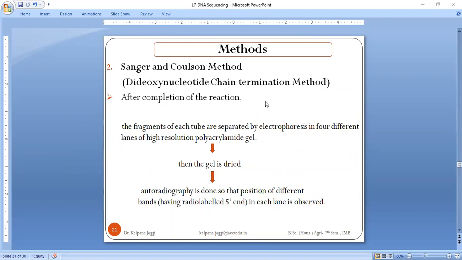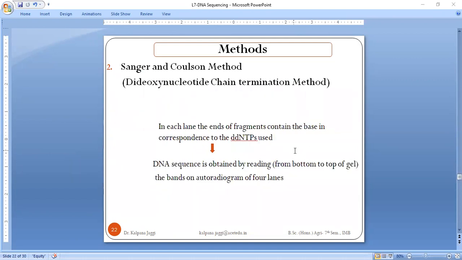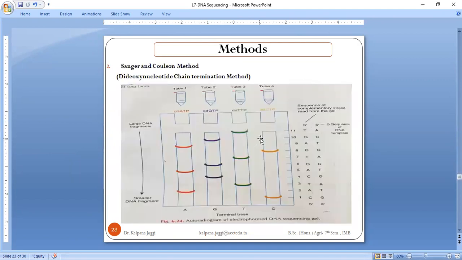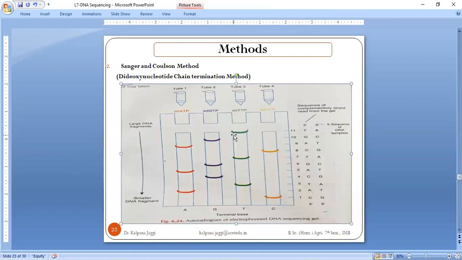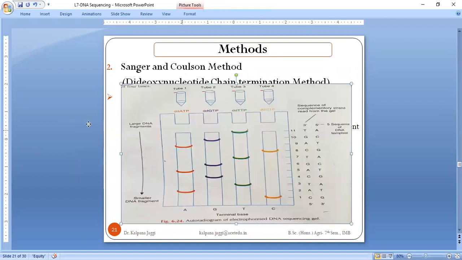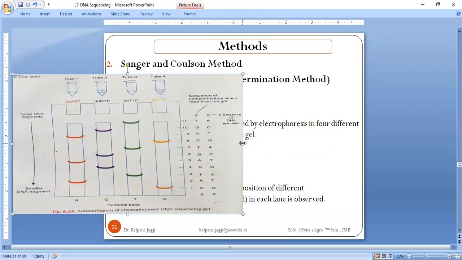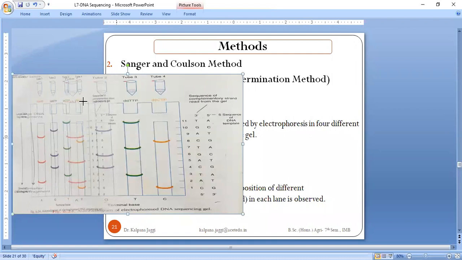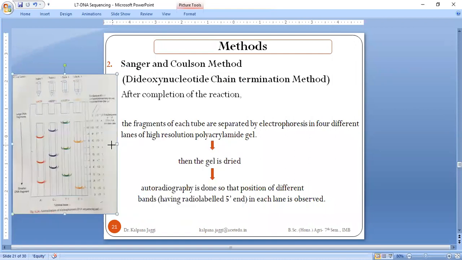So once the reaction is completed, what we need to do? We had these 4 tubes with us, right? And in these tubes, the reaction is now completed.